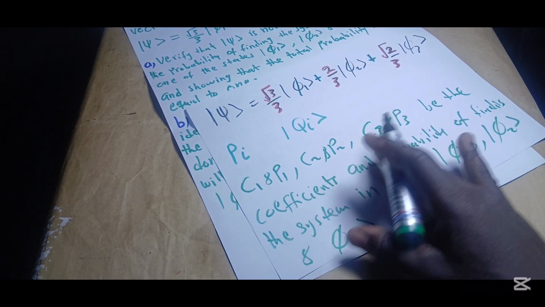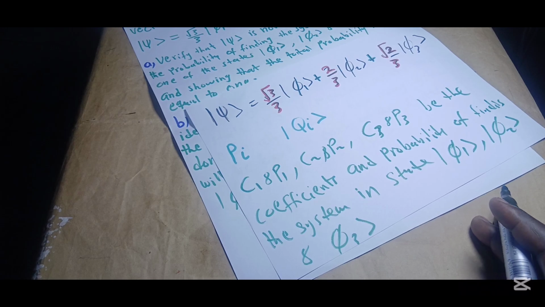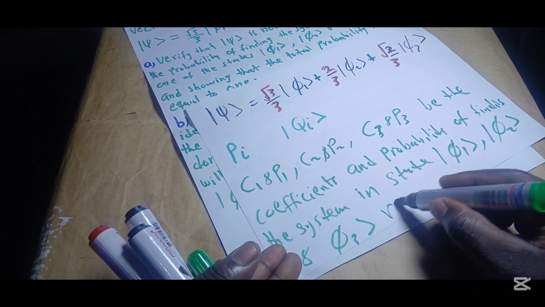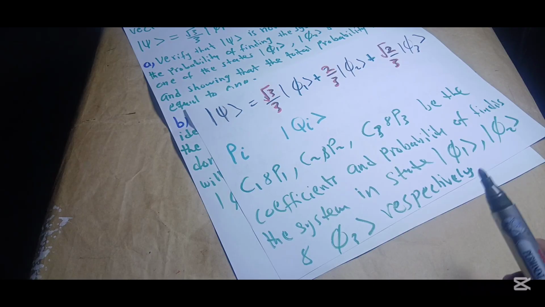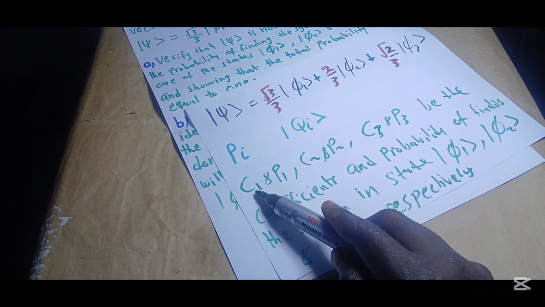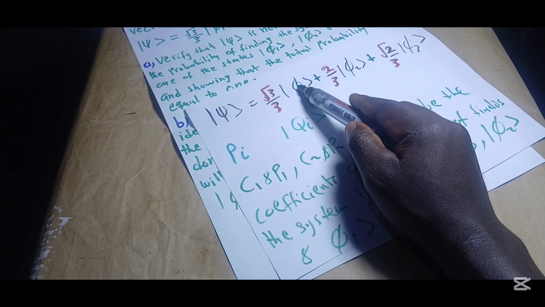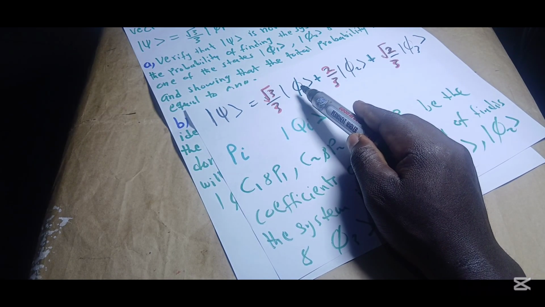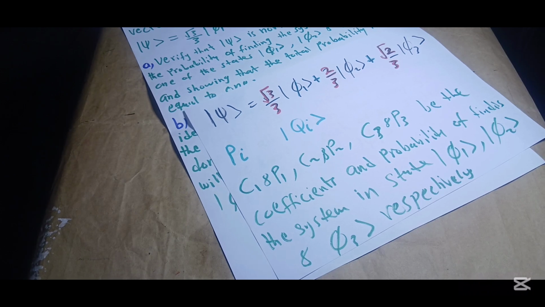Once we define this whole term here, then our calculation becomes simpler. Now our examiner knows that wherever we are talking about C1 and P1, C1 is the coefficient of phi 1 and P1 is the probability of finding the system in phi 1. So we can go ahead and use our defined variables.